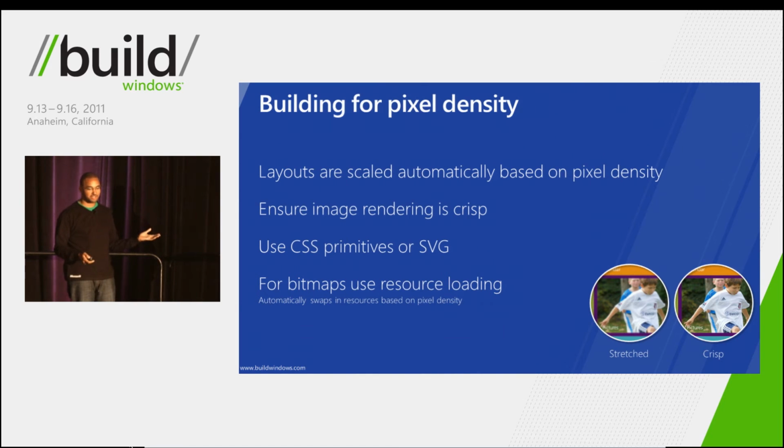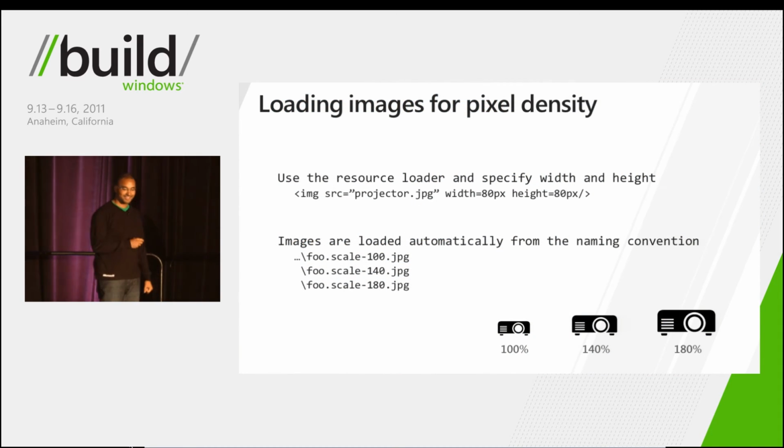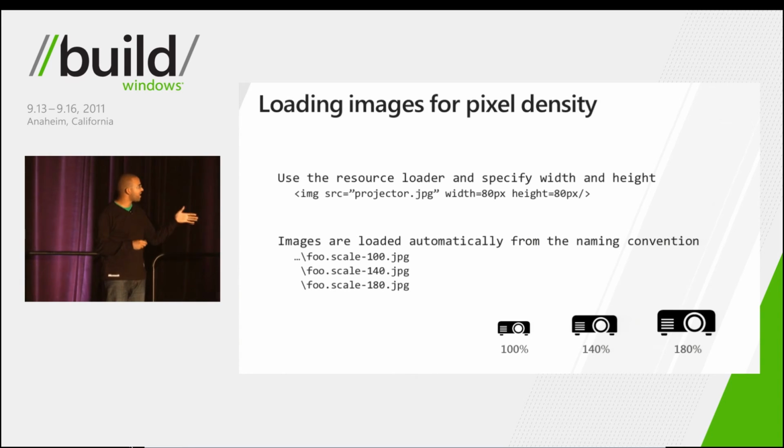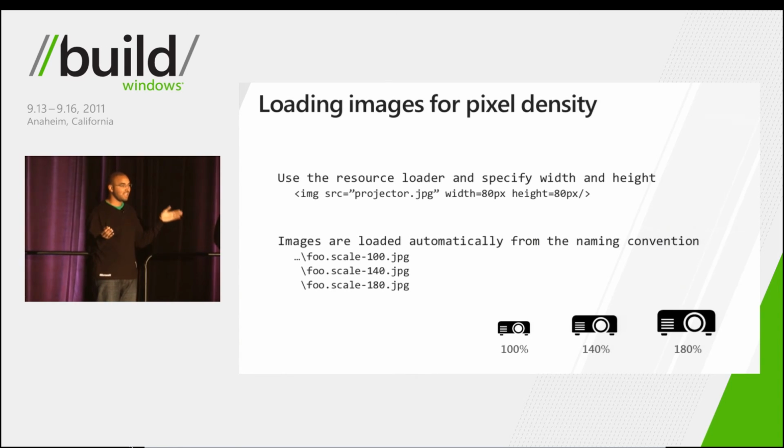So let me show you how this works. If I can get this button to work. There we go. So let's say you have some image tag here, projector.jpg, right? What you do is you just specify it as you would any other image, and then you save out 3 versions of that image, right?